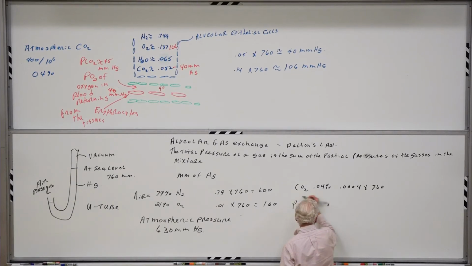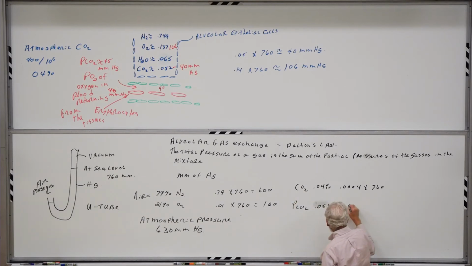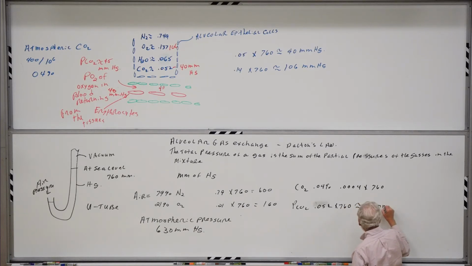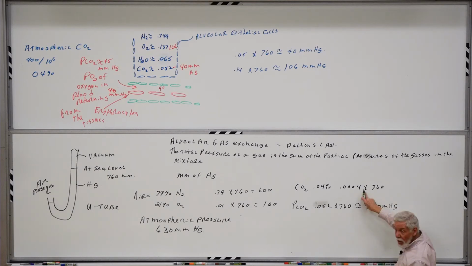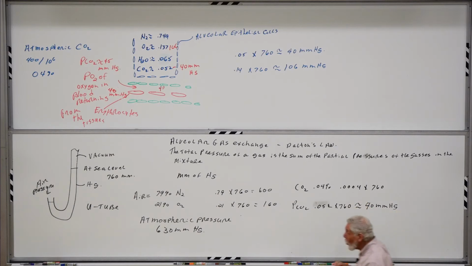I do it this way. It's about 5%, so it's 0.052. Take that times 760, and you come up with a number that's in the neighborhood of around 40 millimeters of mercury. Again, these are big numbers compared to this number. And so we simply have way more carbon dioxide in the lung than you see in the outside world.